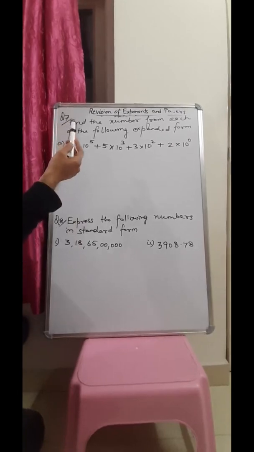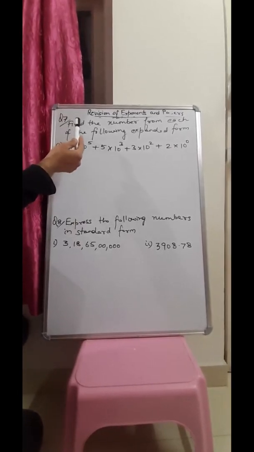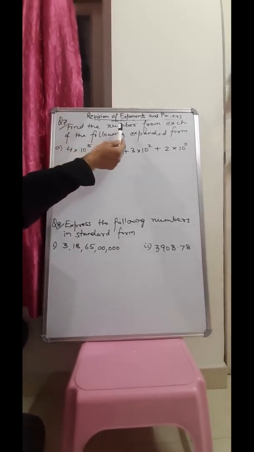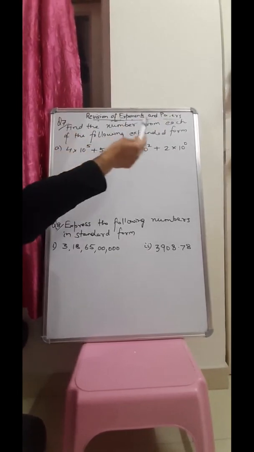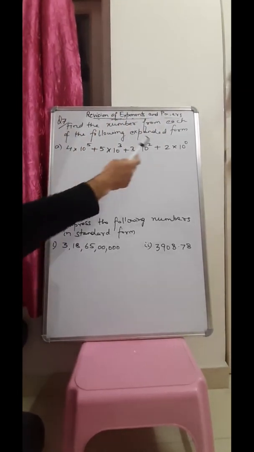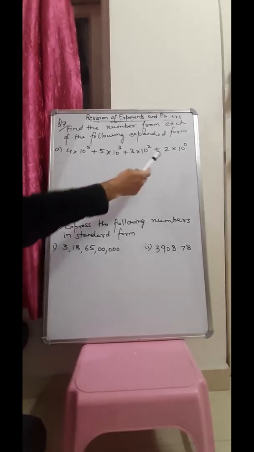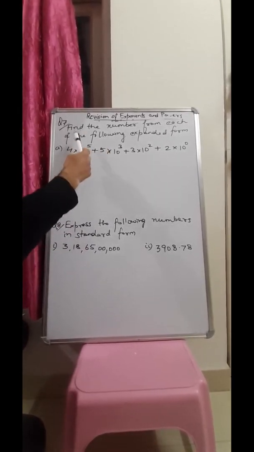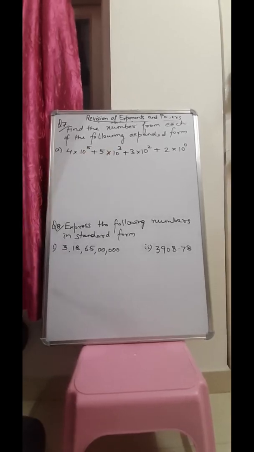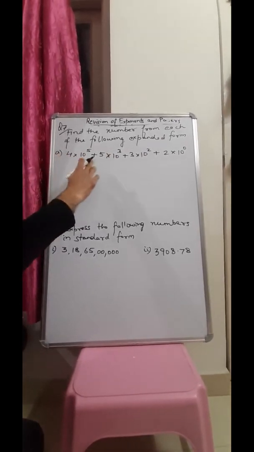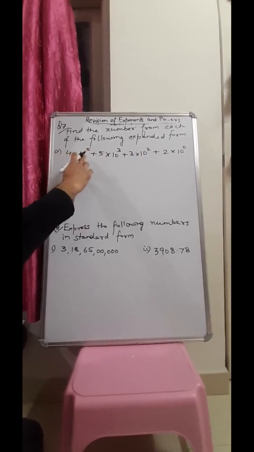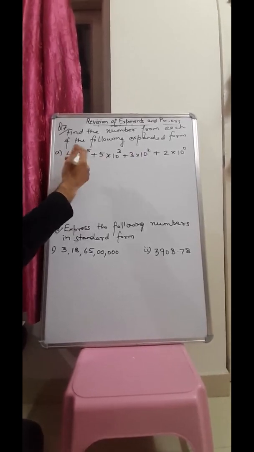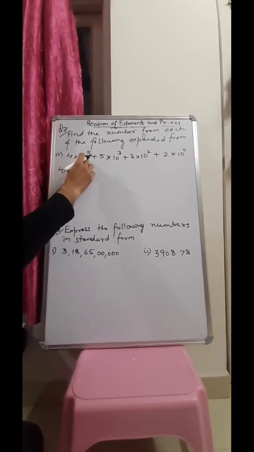So now students, question number 7 is: find the number from each of the following expanded forms. Here we have been given the expanded form and we have to form a number. So first we are going to write down the expanded form in long multiplication sentence.